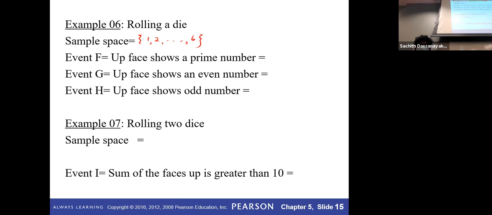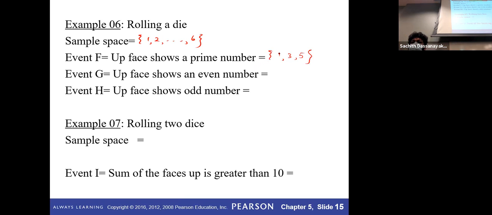Event F means up face shows a prime number. Within this boundary, the prime numbers can be 1, 2, 3, 5.